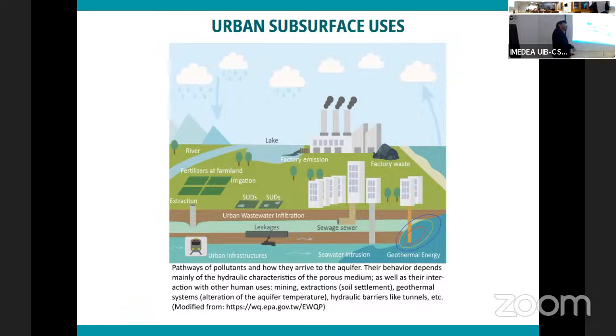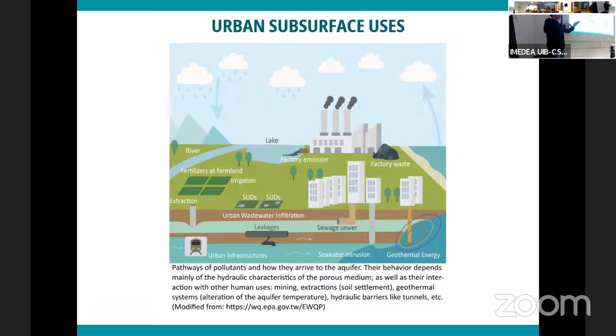Other pathways of pollutants to the aquifer are leakages of sewage networks and of drinking water supply. Additionally, we extract this water for different purposes, for instance irrigation, drinking water, or cleaning infrastructures, and so on. This extraction reduces the water levels and may produce problems at the surface.